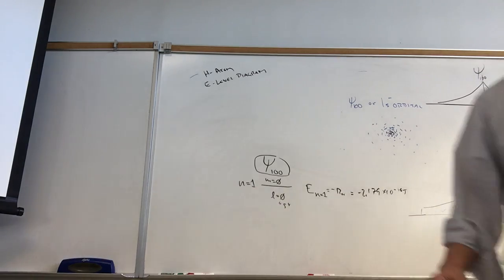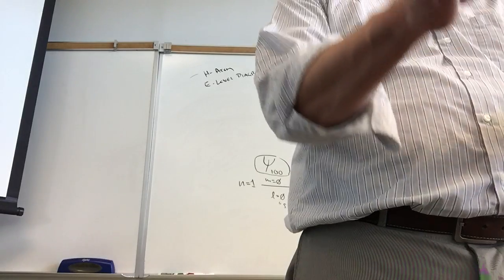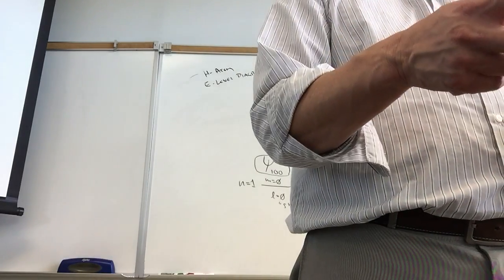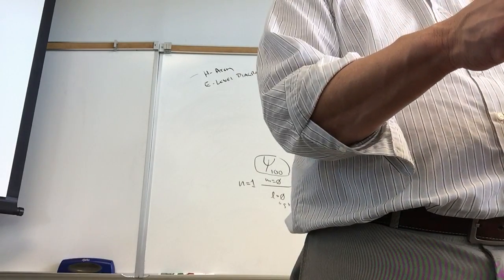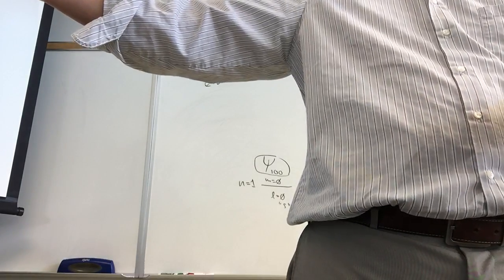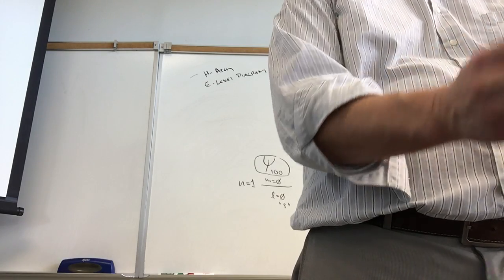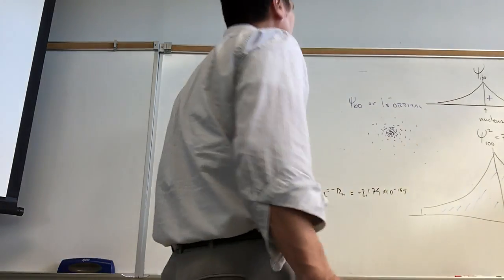So we have something called the 90% boundary, in which there's a 10% probability the electron's outside, but 90% it's inside. From here to infinity is only 10%, and 90% it's in this smaller volume. And so this is a 1s orbital.